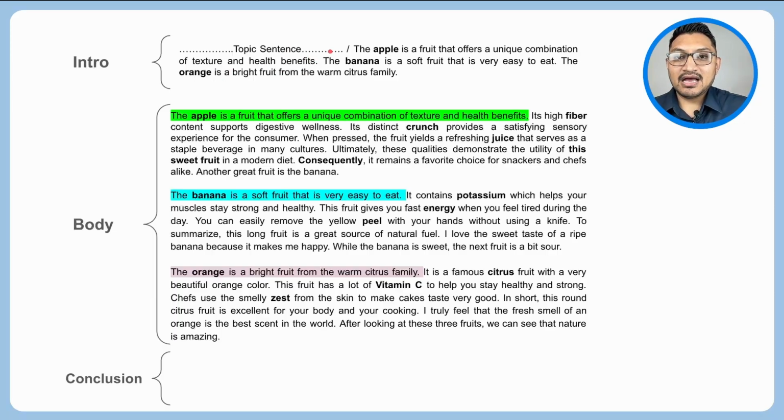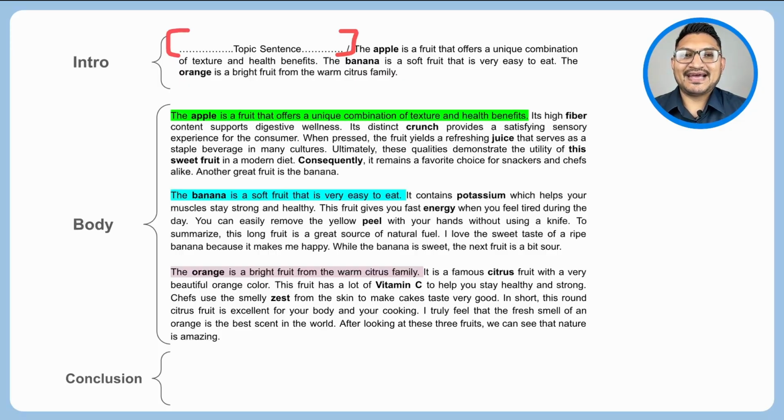Then I'm going to insert here a new sentence. This sentence is going to be called the topic sentence. This is a very important sentence because it's the first thing the reader is going to read. Depending on this sentence, people will decide if they continue reading or not.